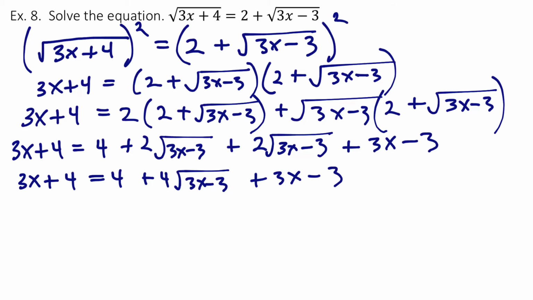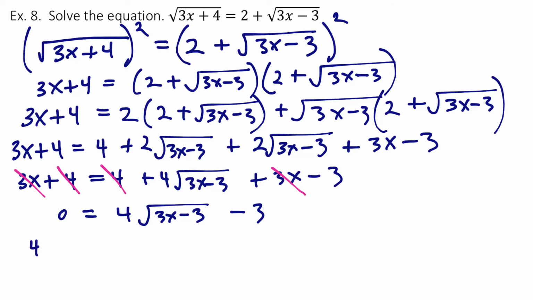All right, so now let's see what we can simplify here. So I have some like terms on either side, which I'm going to go ahead and cross off. Those will subtract out. These will subtract out. So on the left-hand side here, I've got 0 is equal to 4 times the square root of 3x minus 3, and then I've got minus 3 here on this side here.